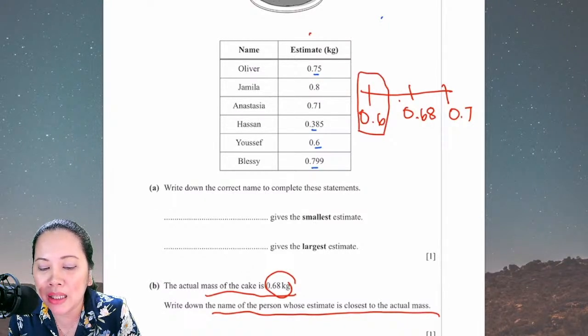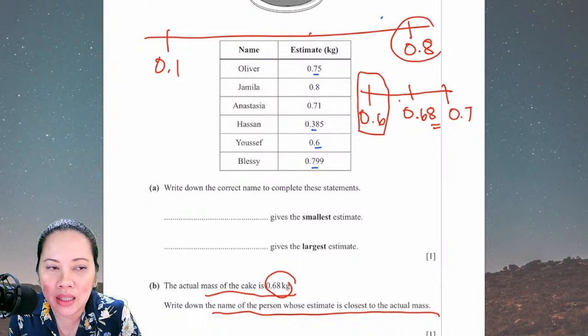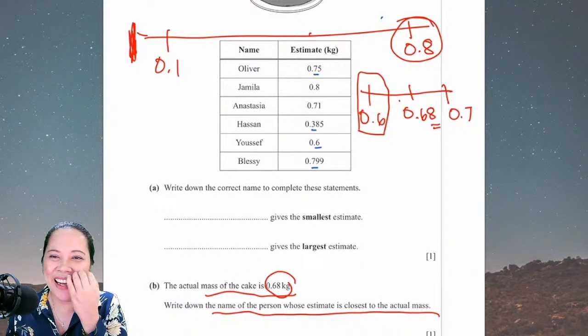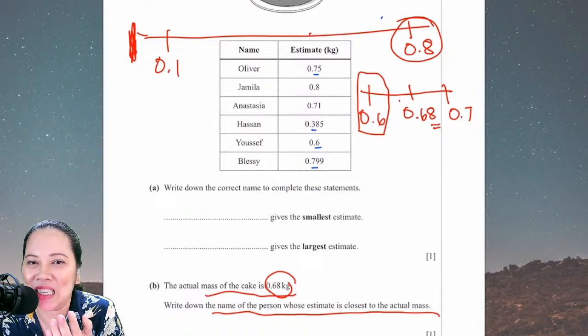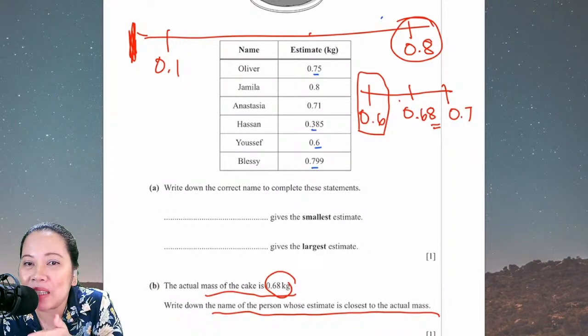Remember your number line? You start with 0.1 here, you end with 0.8 here. That means that 8 is here. You're just here. So who's closest? That's already an 8 right after.